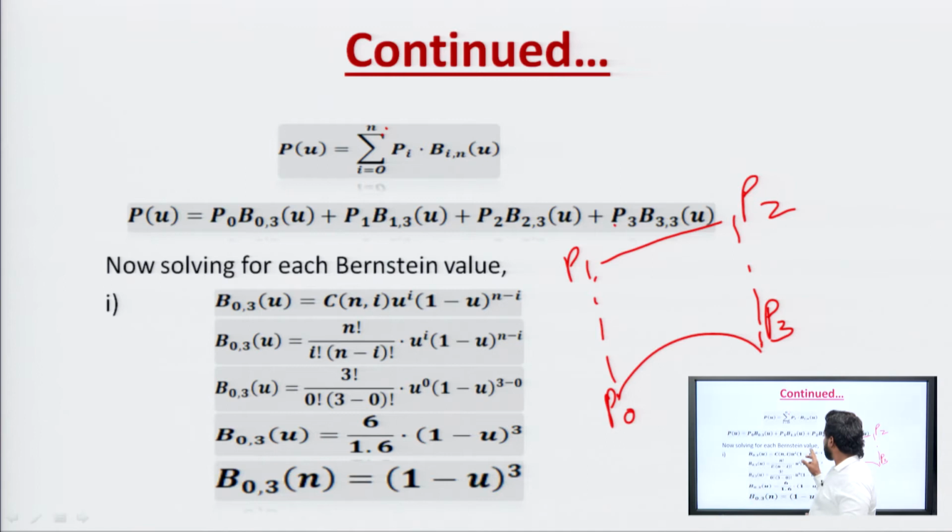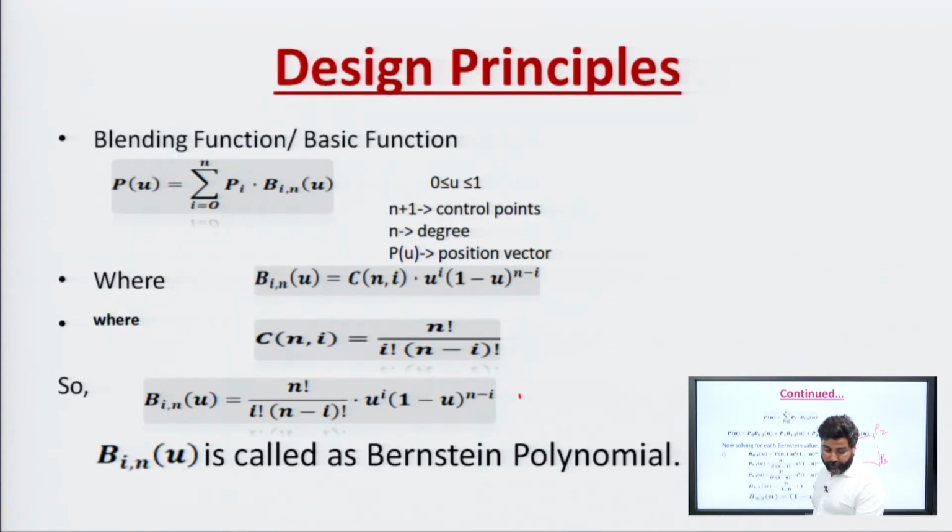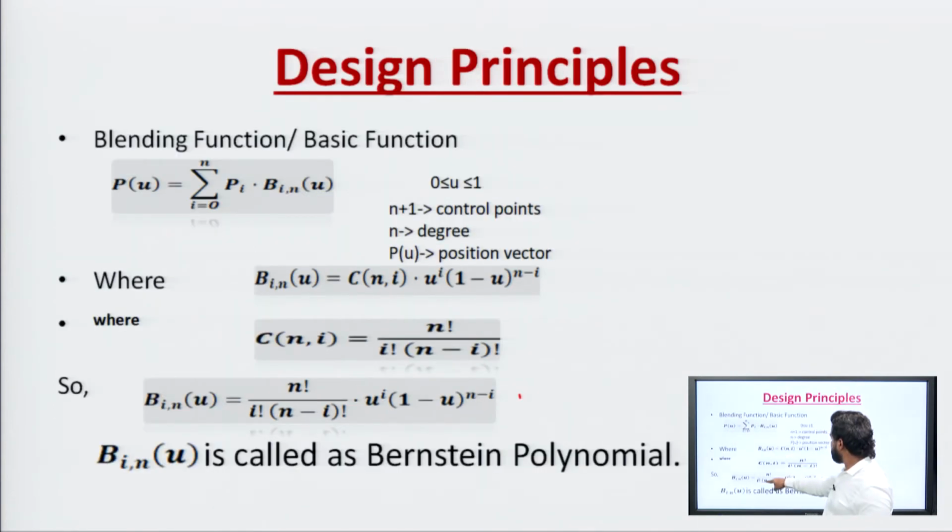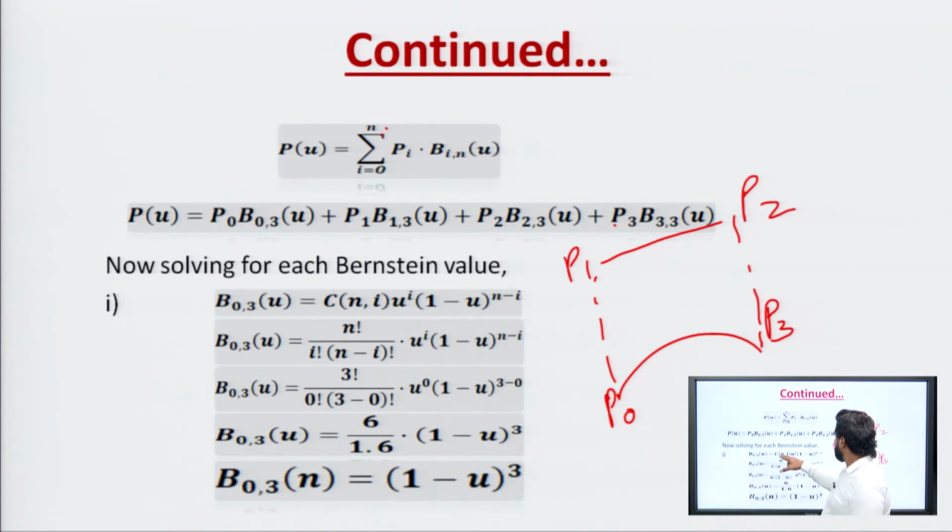Now, solving for each Bernstein value, B(0,3): we have seen the Bernstein equation previously, so we will be putting the values into this equation. Let us check it out. C(n, i) u to the power i (1 minus u) to the power n minus i.